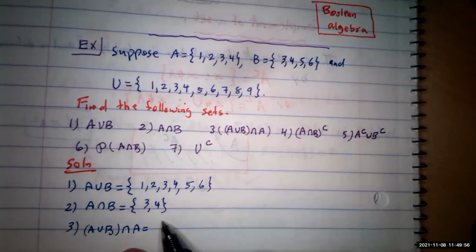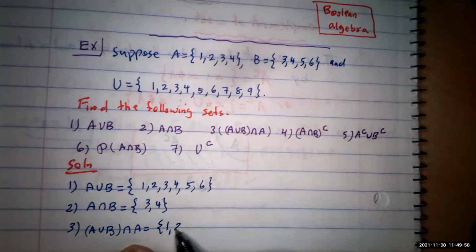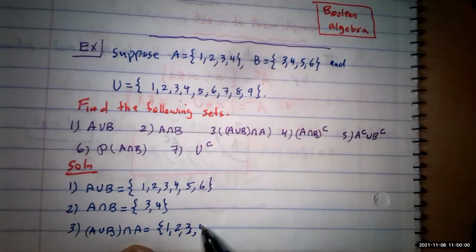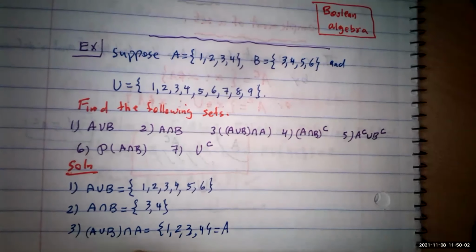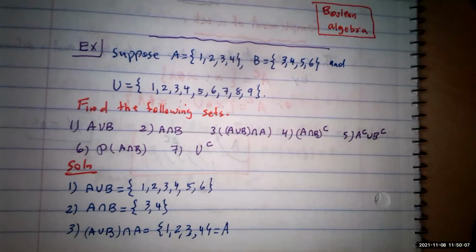It's equal to the A. Yes, it's going to be 1, 2, 3, 4, which is simply A. And that's a theorem, you can prove it. You see the intersection of A union B and the A: A union B is the bigger set, if you like, and the A is a subset. So that gives you A. But if they give it to you on the test, this is the way you answer it.